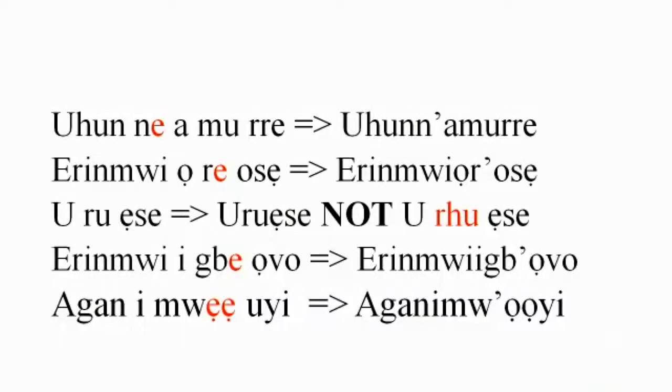Uru, say. Many people will just write it as if it's a single word. No. And some people even go to the extent of writing it joined together. These are wrongly written forms.